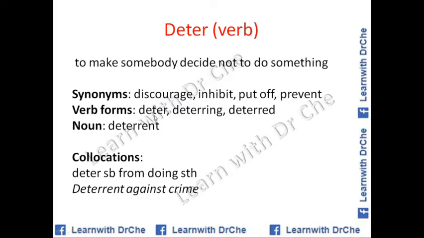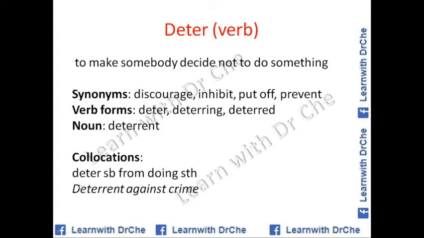And the verb forms are to deter, deterring, deterred. Collocations that we can use: deter somebody from doing something. Deterrent: something is a deterrent against crime.